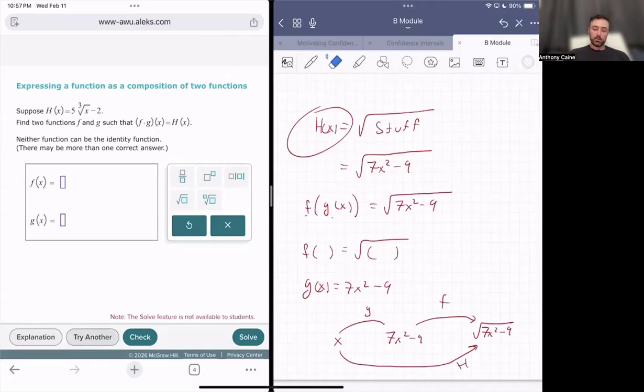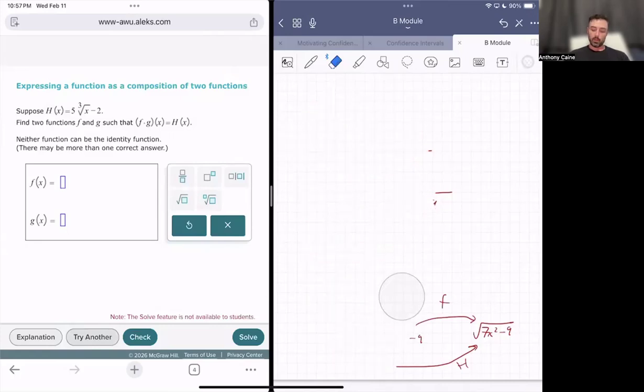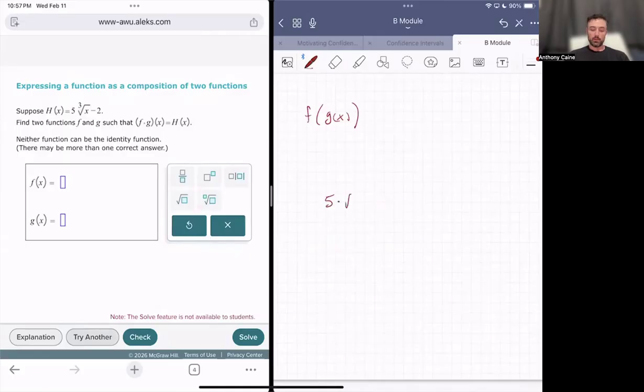Let's try another. Interesting. This is kind of fun. So I first do g, and then I do f, and my end result is going to look like 5 times the cube root of x minus 2. And what stands out to me is I have 5 times something minus 2.